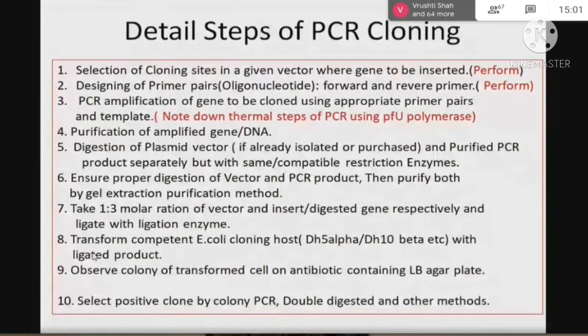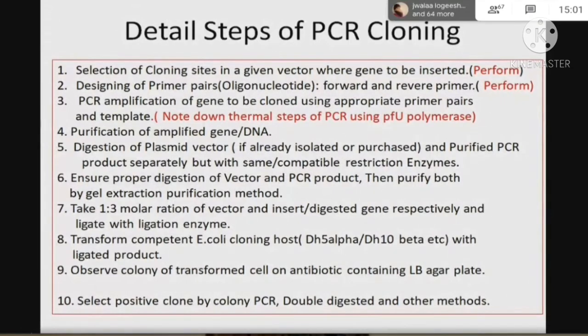Then, to ensure proper digestion of vector and PCR product, we purify both by gel extraction purification methods. Sometimes we do gel extraction, or sometimes for this PCR product we don't do gel extraction, we directly purify by PCI methods. So we purify the digested plasmid and the digested desired gene.